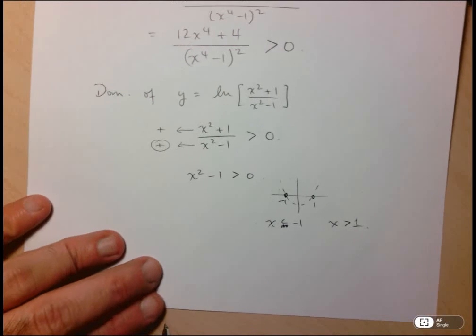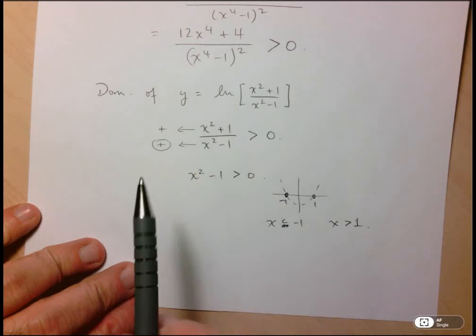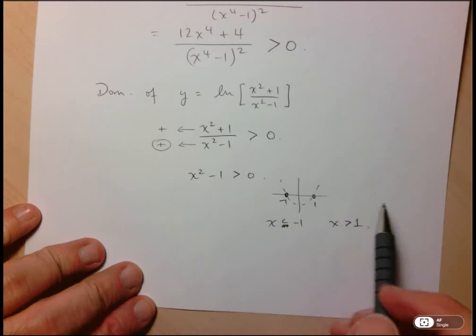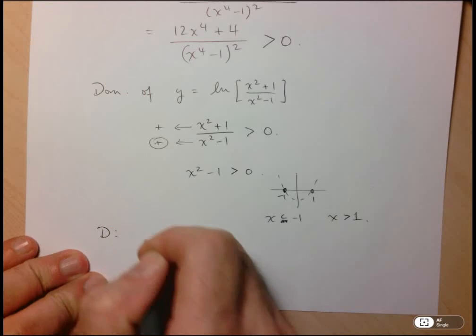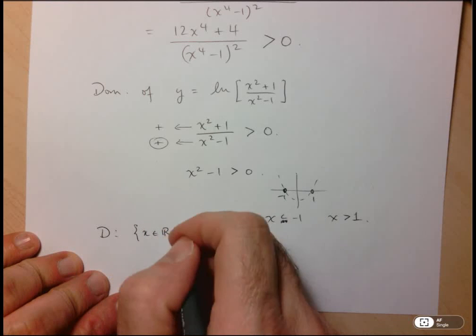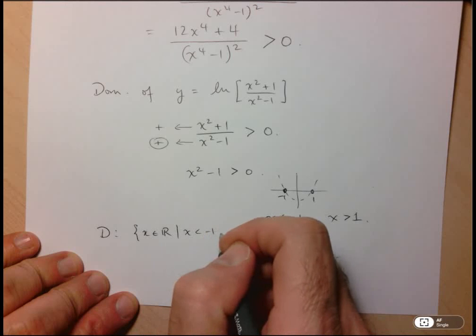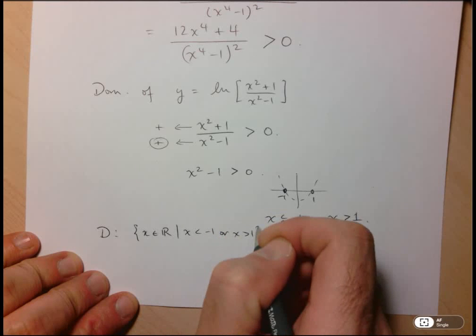So we've shown that the second derivative is always positive, and we've also found the domain. The domain is x in R such that x is less than negative 1 or x is greater than positive 1.